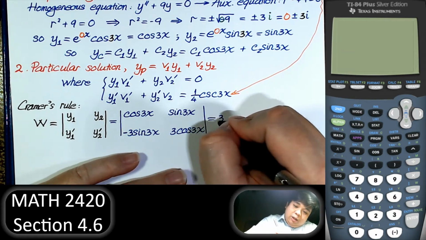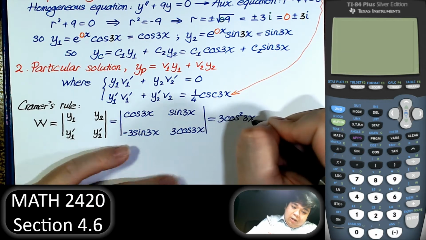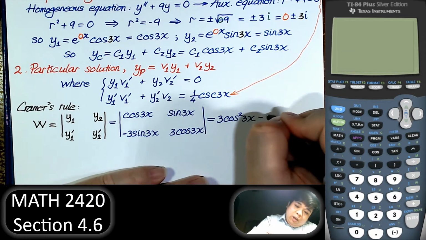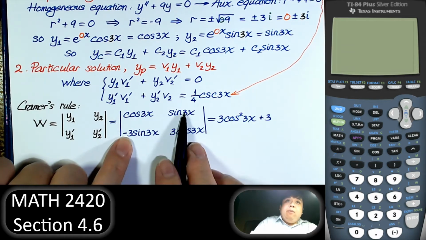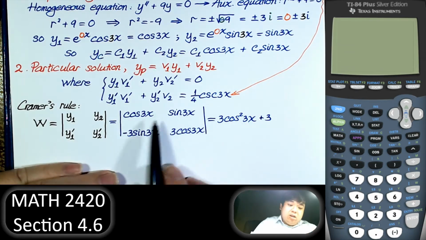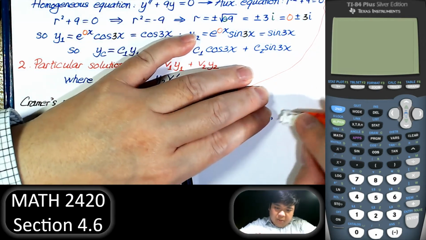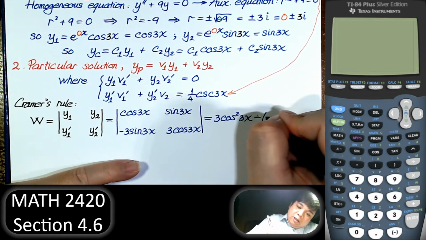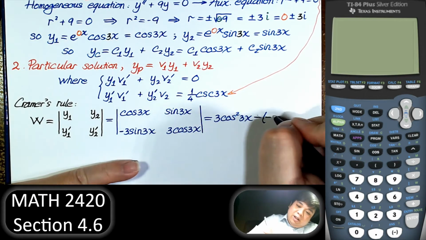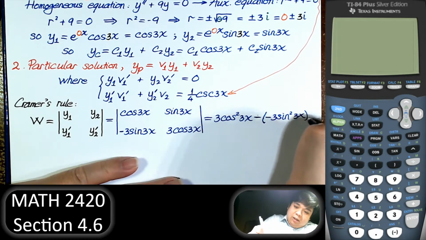We have 3 cosine squared of 3x minus a negative 3 sine squared of 3x, so that's plus.